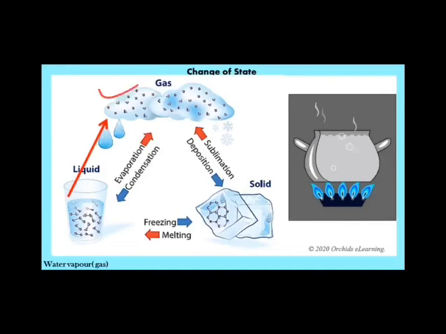So here the liquid changes into gas. It means one state of matter is changing into another state of matter. Okay, so the process in which the liquid changes into gas or water vapor is known as evaporation.